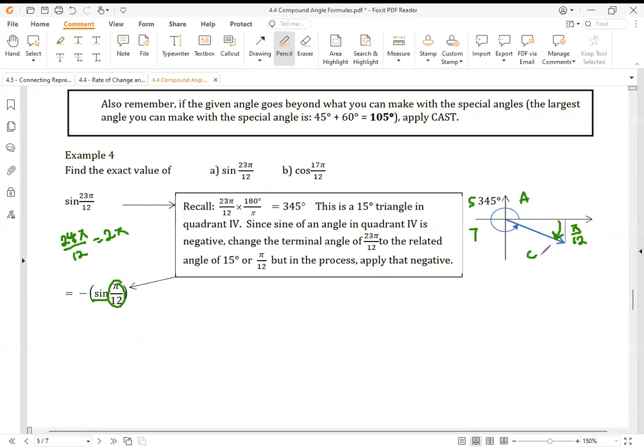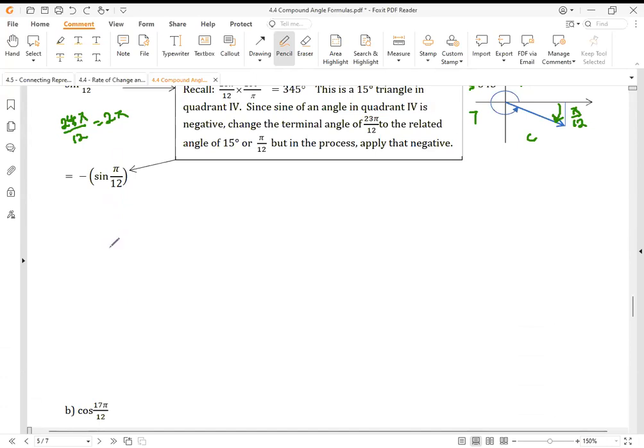But because quadrant 4 corresponds to cosine, the overall value becomes a negative. That's it. Now that you have pi over 12, aka 15 degrees, we use our compound angle formulas. Pi over 12, that would be, let's say, 45 minus 30, or 60 minus 45.